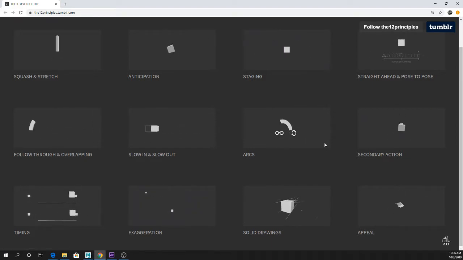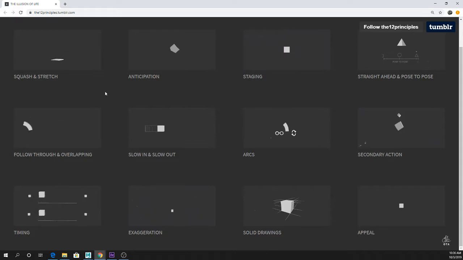Most things in the natural world move in some kind of arc motion. Very few things go in a perfectly straight line. I find that a lot of times adding a little bit of curvature to the motion will help make it look a little bit more natural. Even something like riding a bike, your knees are doing some kind of weird elliptical motion.